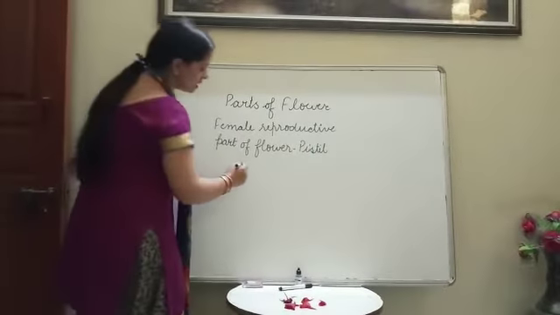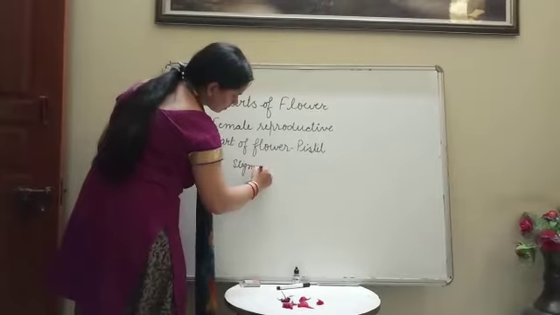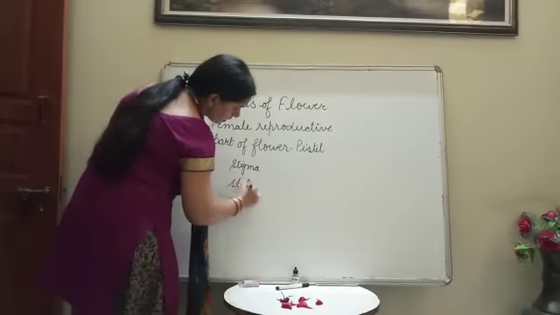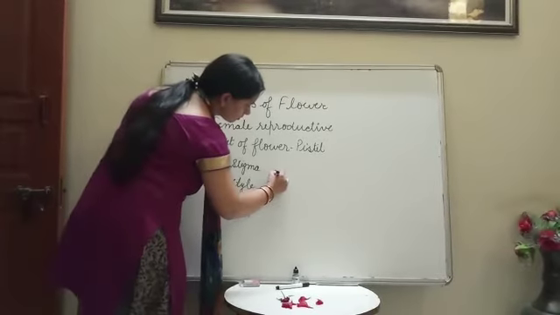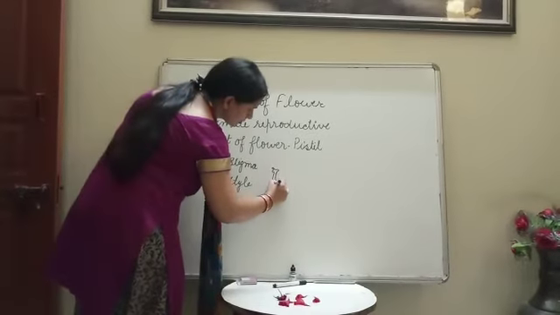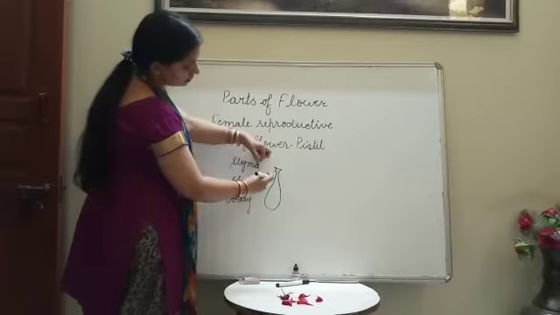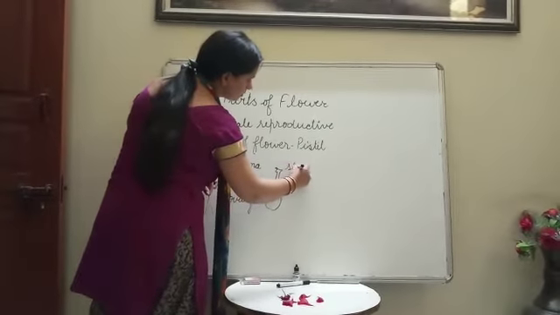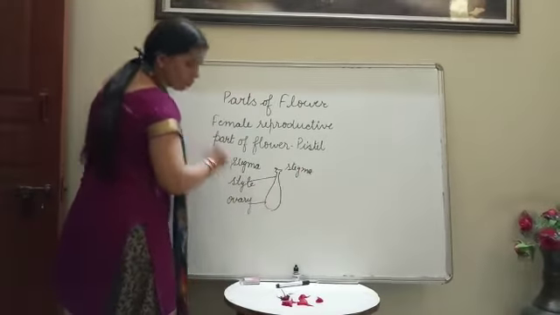And pistil has stigma, style and ovary. So this is a part. The upper side is stigma, this is style and this is ovary.